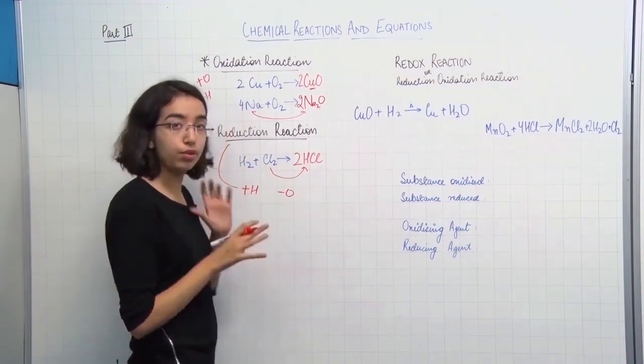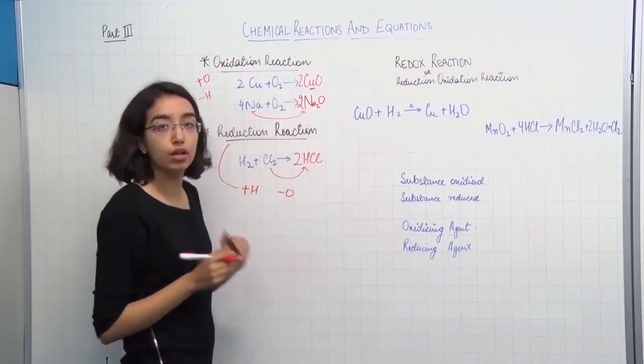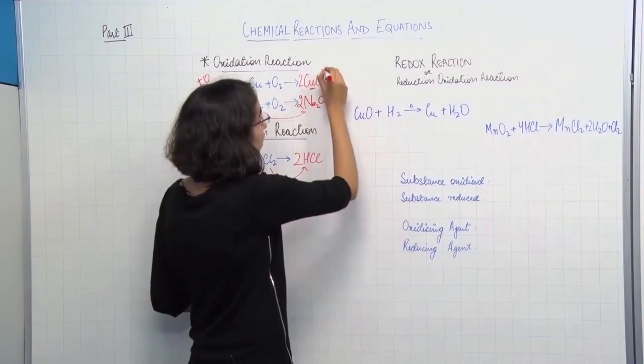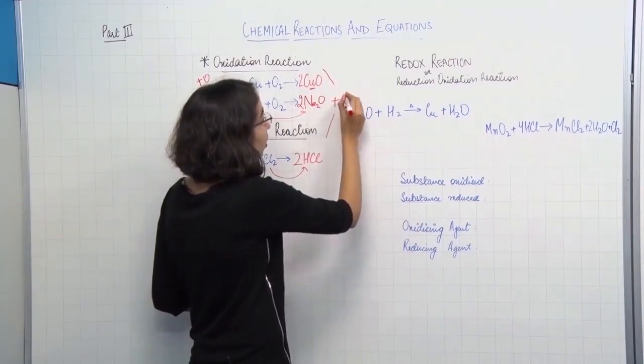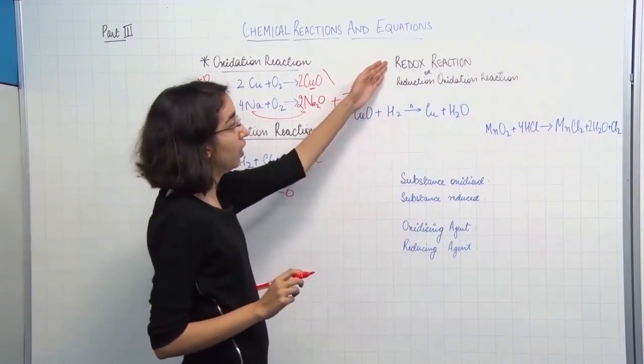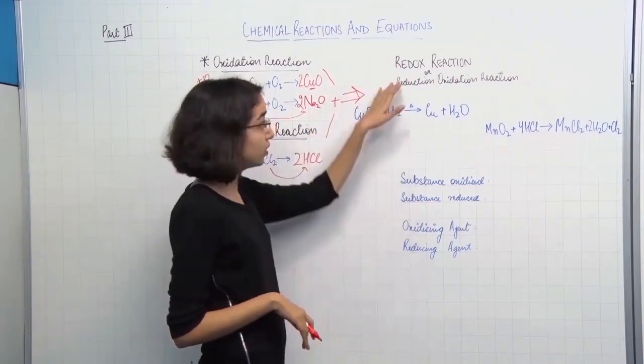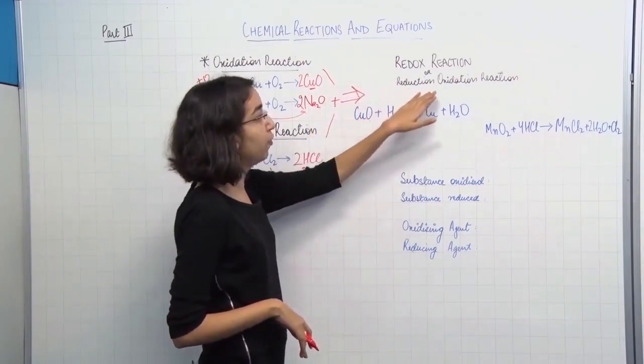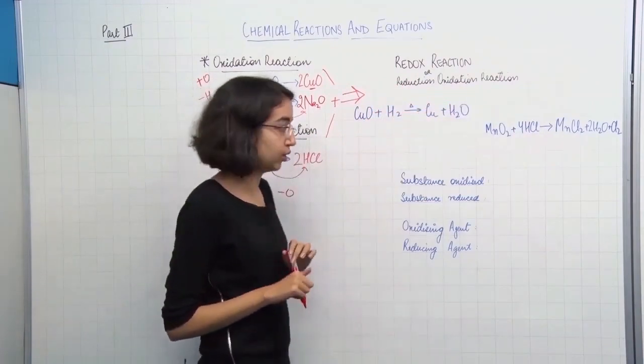Now in nature, most of the times these two reactions occur together. When we add reduction and oxidation, we get redox reaction. It is called as redox reaction, which is a short form for reduction and oxidation reaction.